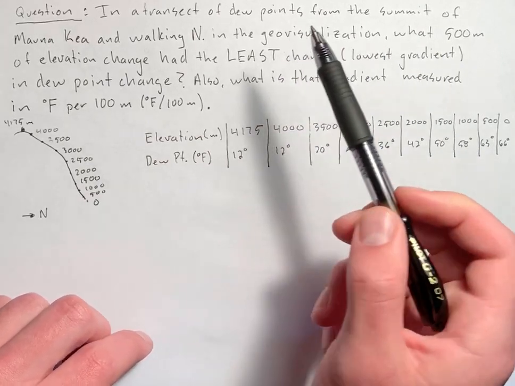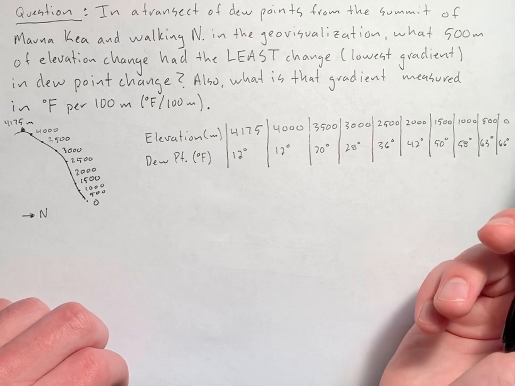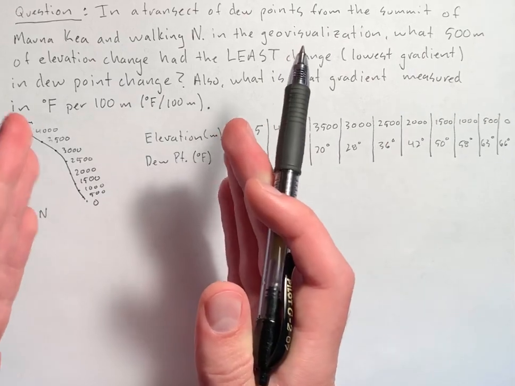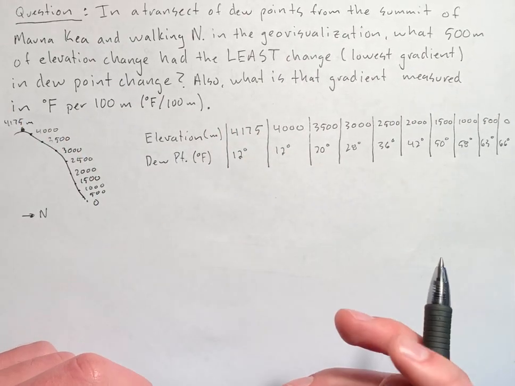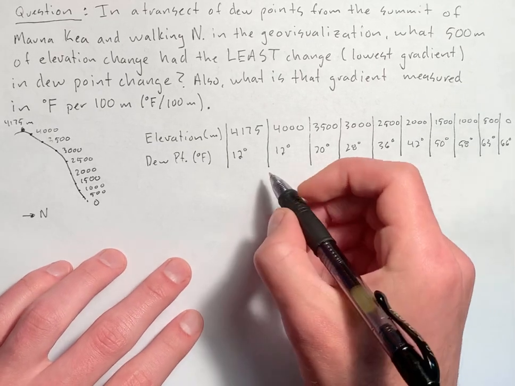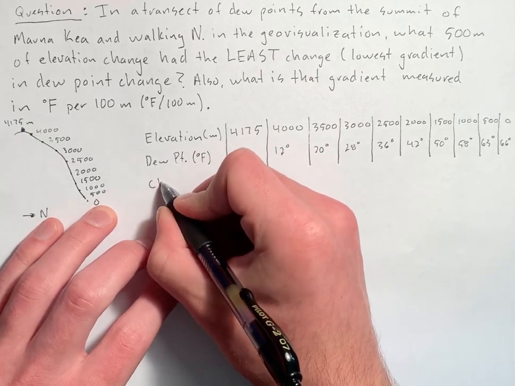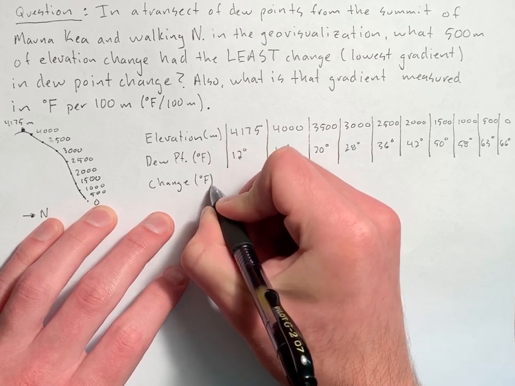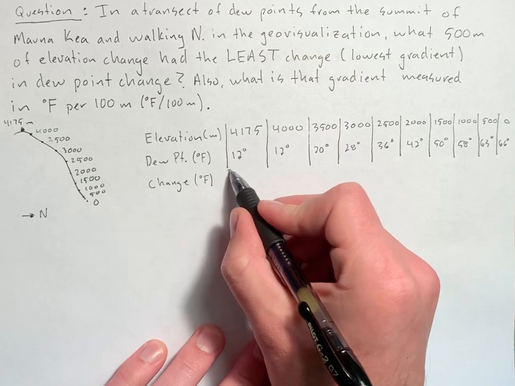So the lowest gradient in dew point change. So all that is just the change in dew point temperature per change in elevation. So let's make this our change in degrees Fahrenheit.